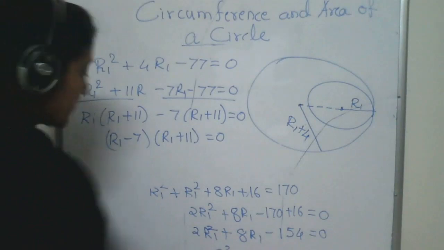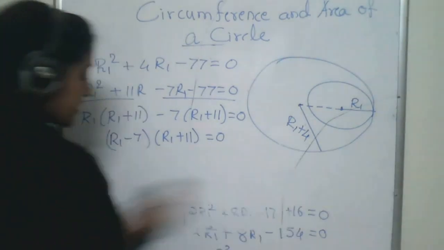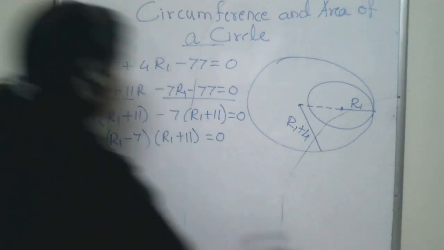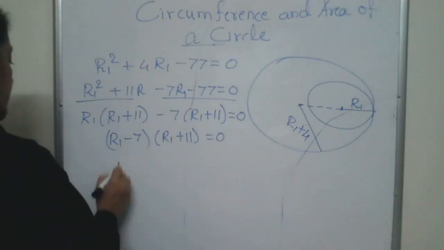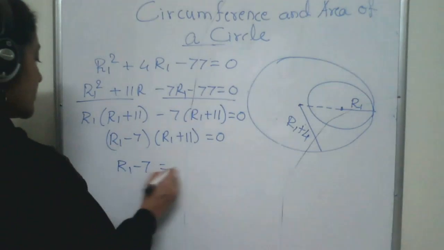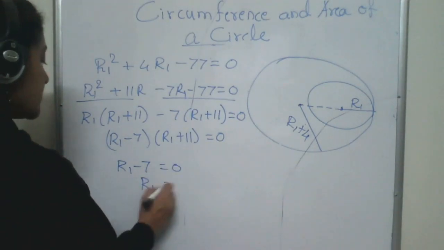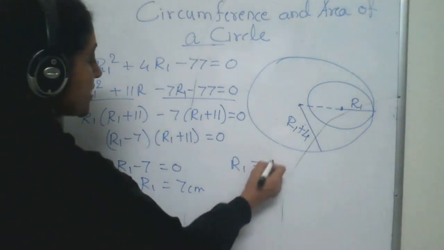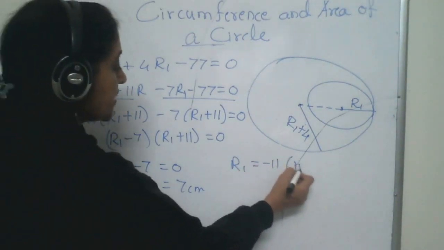Here what happens is the negative numbers are usually discarded because the lengths are always positive. So when we equate this to 0, r1 minus 7 is equal to 0, r1 is equal to 7 centimeter. Now r1 is equal to negative 11, invalid.